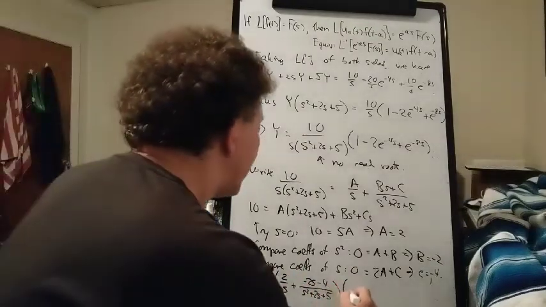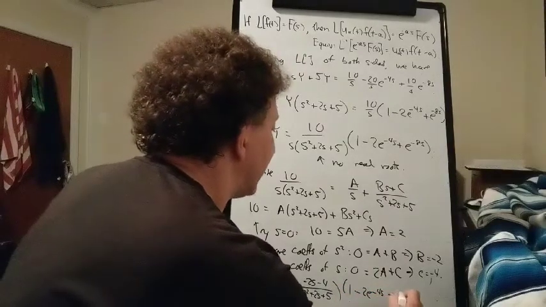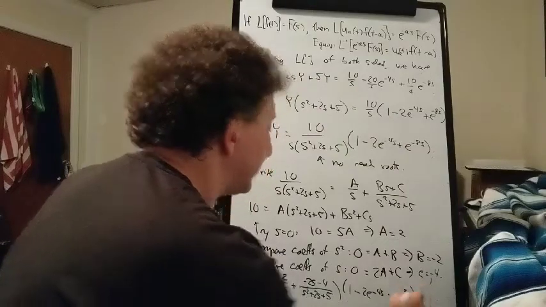All of that times 1 minus 2e to the negative 4s plus e to the negative 8s.